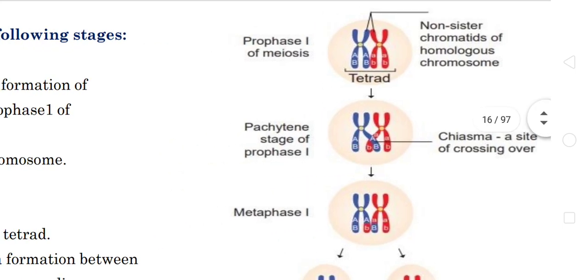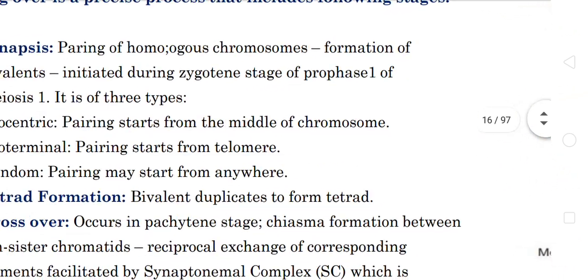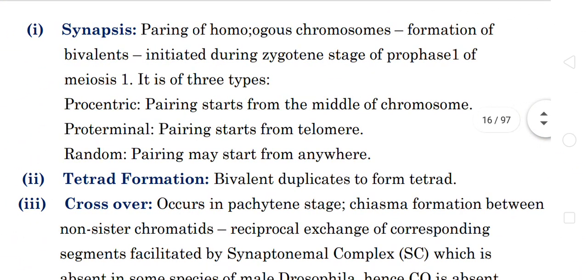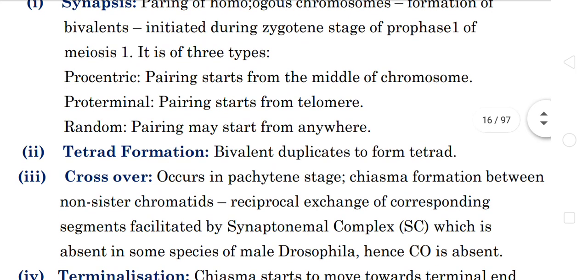It is divided into 3 types based on where they are pairing. First is procentric, in which pairing occurs in the middle of the chromosome. The second type is pro-terminal. Terminal means the tip of the chromosome, so pairing at the tip of the chromosome is called pro-terminal. The third type is random.